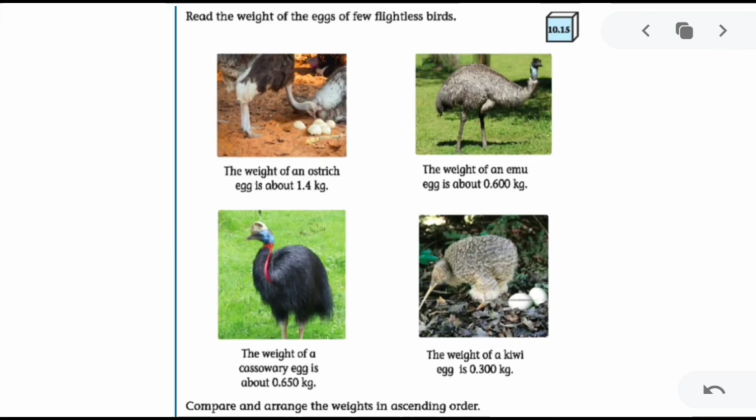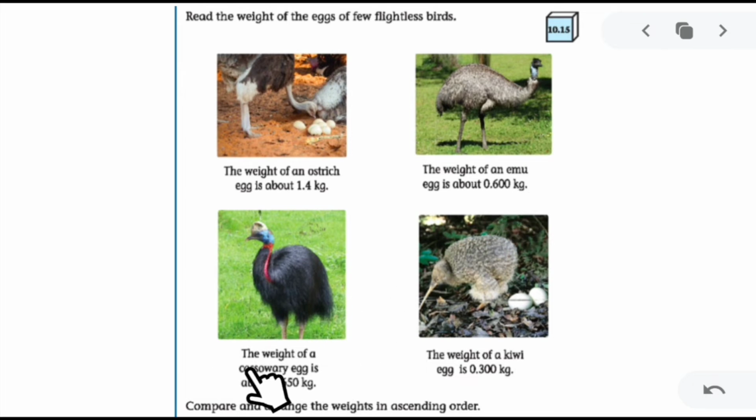And next, read the weight of the eggs of a few flightless birds. Now compare and arrange the weights in ascending order. See, the first one, the ostrich egg, is 1.4 kg, and the second, the emu egg, is 0.600 kg.